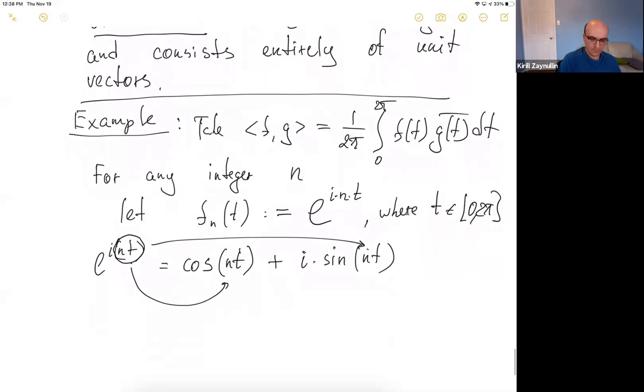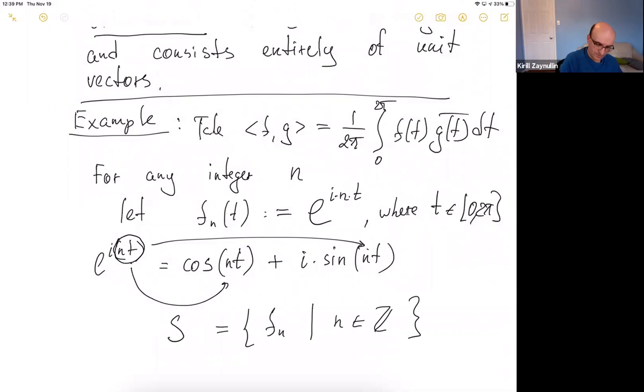Okay, so again, what do we have so far? We have this vector space of all continuous complex valued functions on that interval. And then we have chosen a subset inside, S, which consists of all these f_n's. By the way, n can be negative as well.